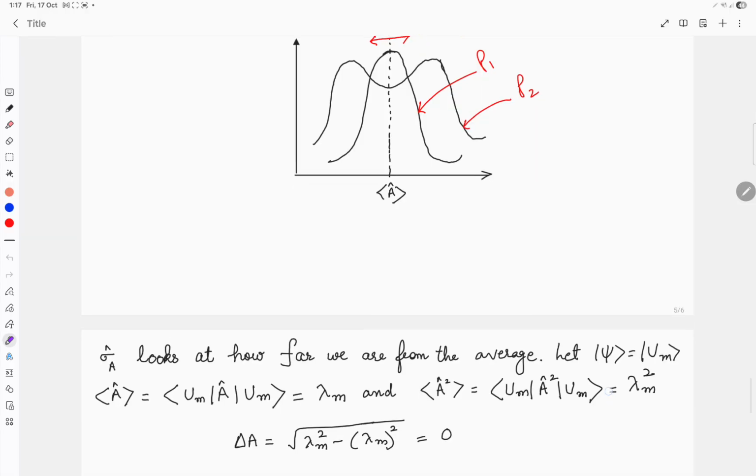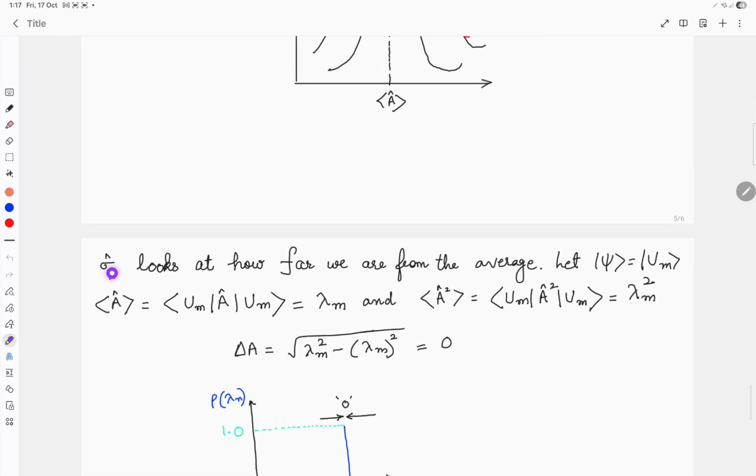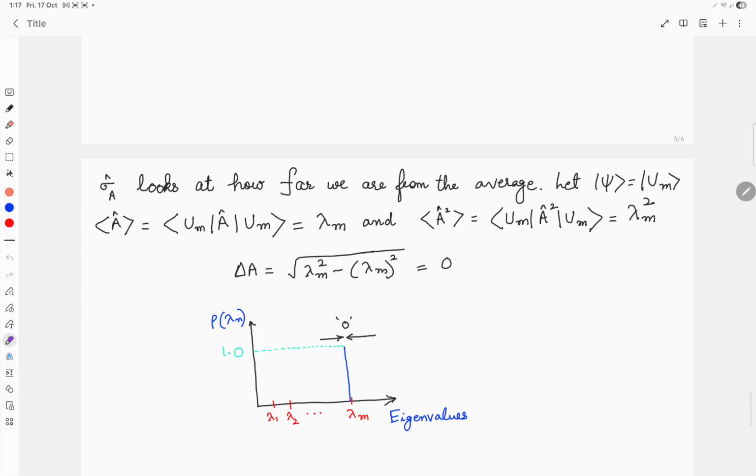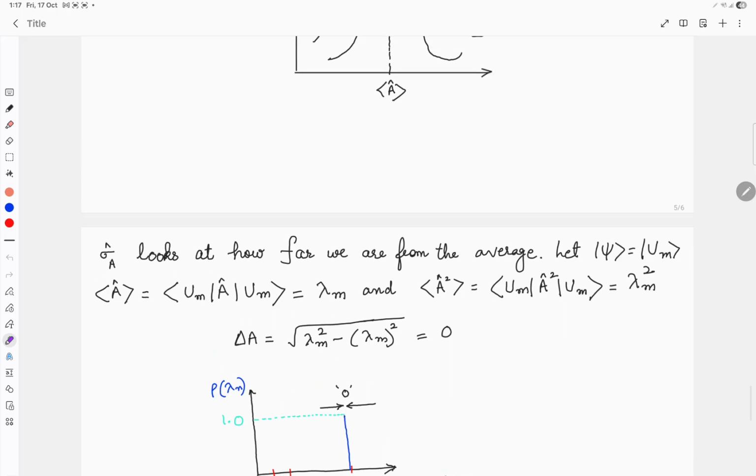And this mean square deviation looks at how far we are from the average. That is very correct. This spread will look at how far we are away from the average. And let us take a special case in which the psi is one of the eigenstates. In that case, the expectation value will be equal to the eigenvalue, and if we try to find out this root mean square deviation, it will come out to be 0 in this case, when the quantum state is one of the eigenstates.